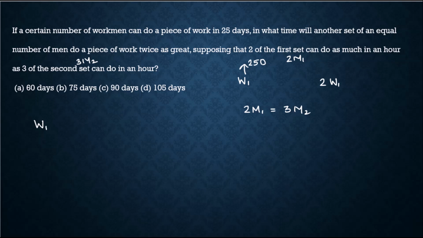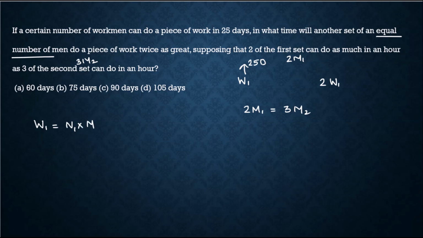So, what is the work done? Work done is equal to W1. Then also one more point is given. We are employing equal number of men. That means here number of men is N1. So the first case and the second case number of men are same. So what is W1?